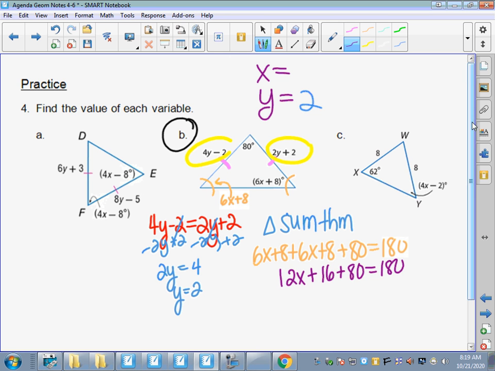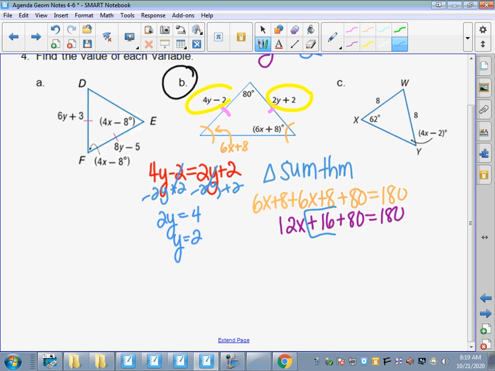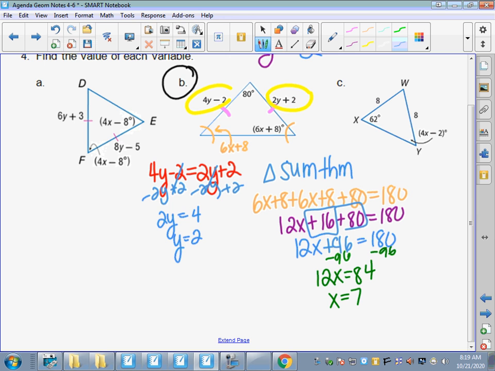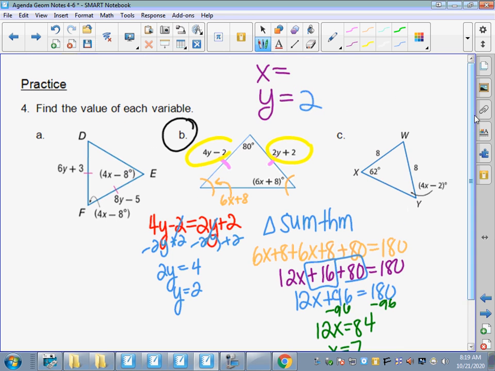I'm going to combine these two like terms right here. So 12x plus 96 equals 180. Subtract the 96. What's that going to be? 84. So x, I believe that's a 7. I've got myself a value of x.